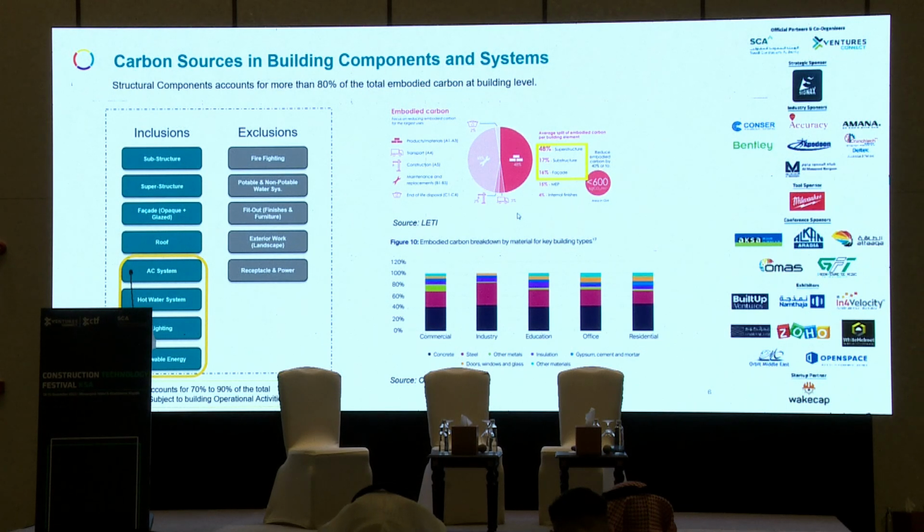Most of the time when we do carbon analysis, we include the components presented here on the left side of the slide, and we exclude some of the specialty systems, including firefighting, water, fit out, and other aspects. It's not necessarily a rule, but this is the approach to capture, let's say, 80 to 90% of the total carbon emissions from embodied and operational points of view.